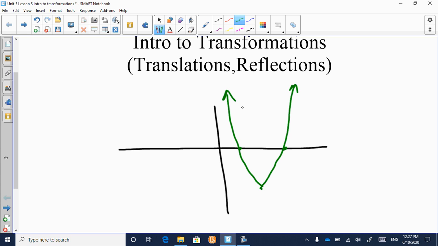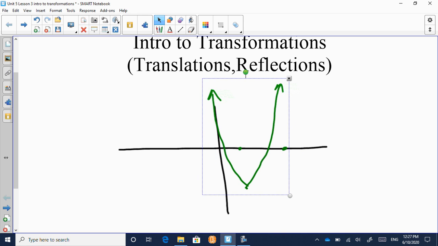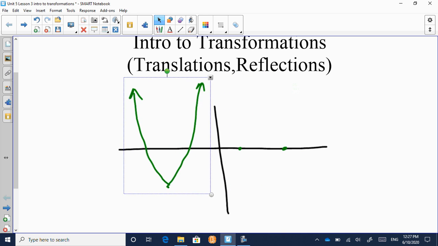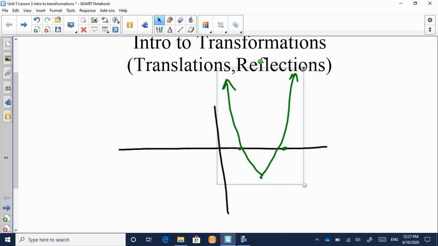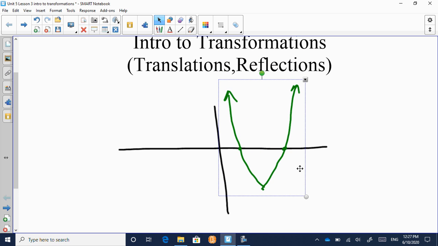But then for the next few lessons, what we're interested in is moving this parabola around. In other words, can we shift it to the left, or can we shift it up, or can we shift it down? And so the whole idea is moving the parabola around on the coordinate graph system.